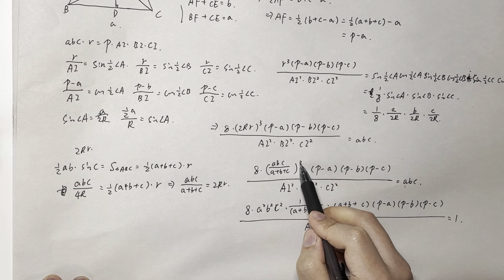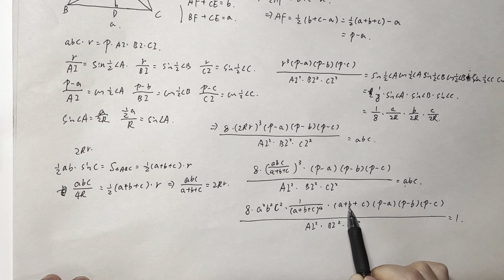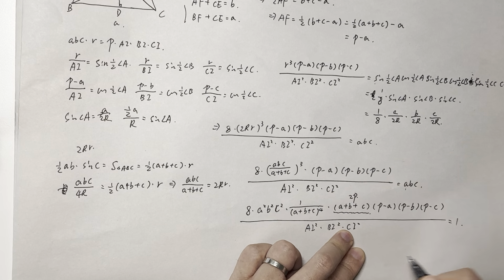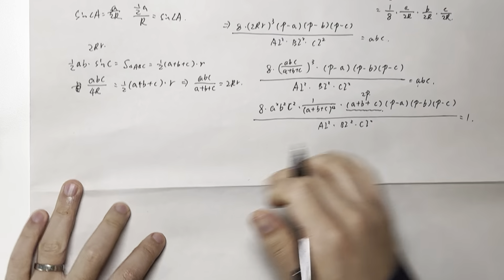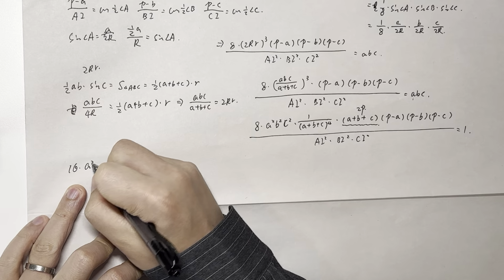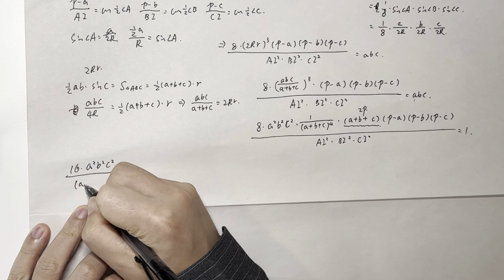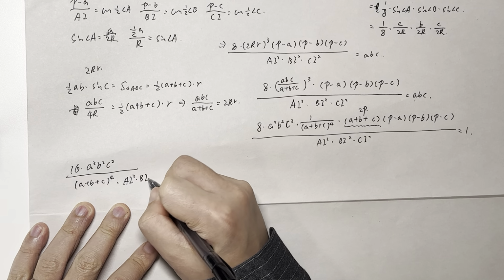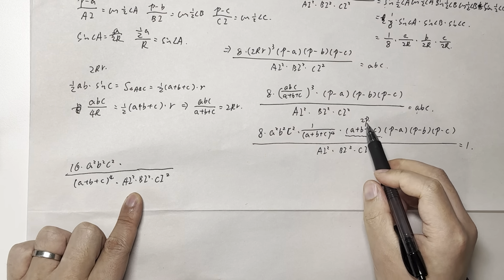Right, I cancel one of the ABC out and then extract A plus B plus C to here and get this one. So this one is 2P, right? So we get 16 times A squared, B squared, C squared divided by (A plus B plus C) to the power 4 times AI squared times BI squared times CI squared times, this is P, right?